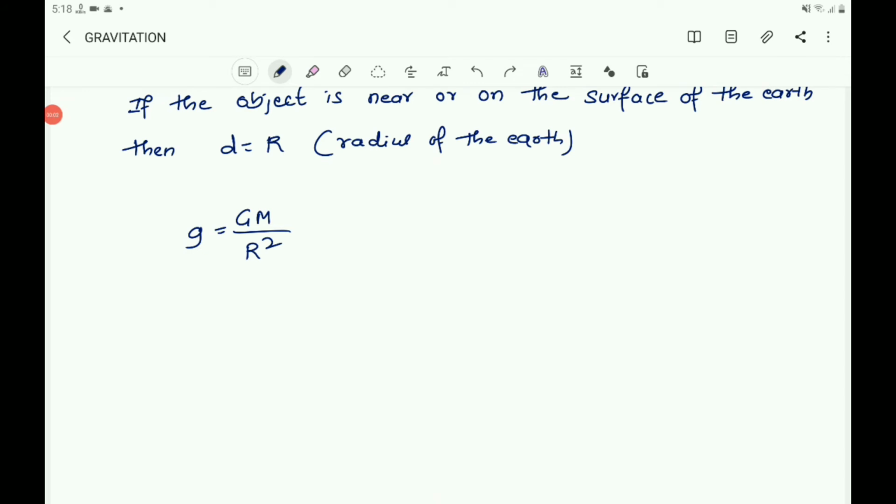We know that the value of g decreases with the height from the surface of the earth, and decreases with the depth into the crust of the earth. The value of g does not depend on the mass of the object.